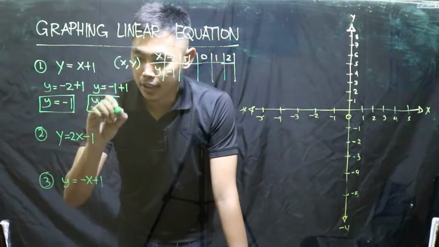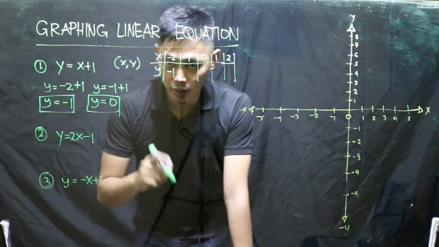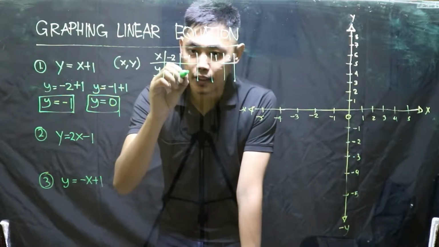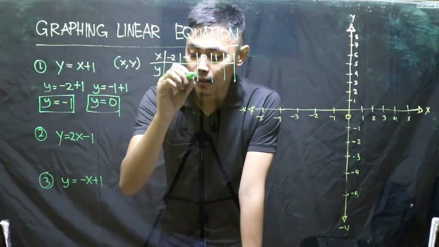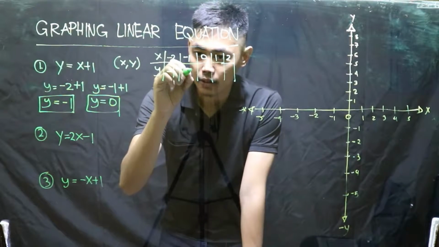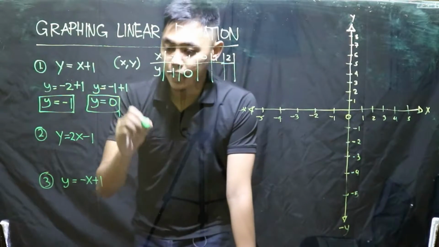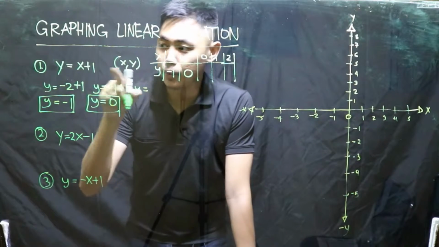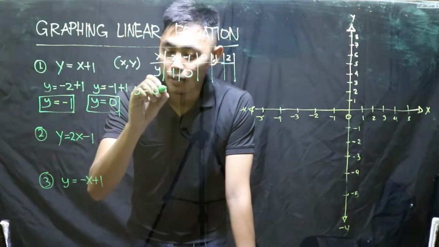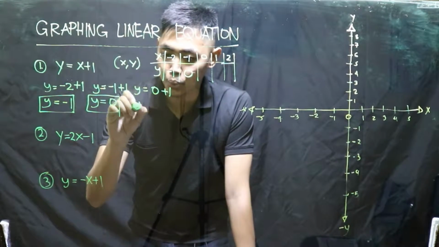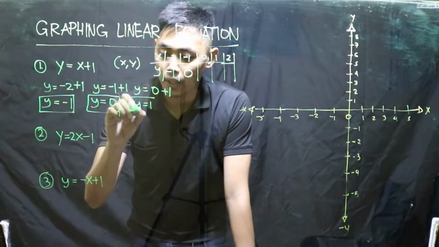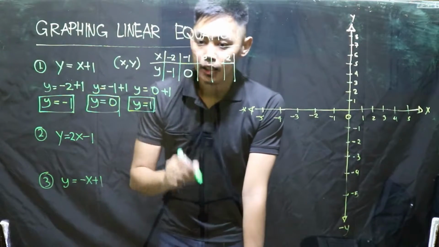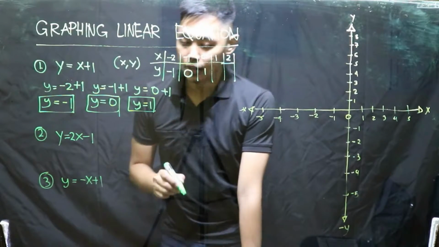And 0 does not have any sign, so we can leave it at that. So, we can say this is 0. Okay, next, y is equal to, then we will replace x with 0 plus 1. This is y is equal to 1. Okay, and then we can write 1 here.